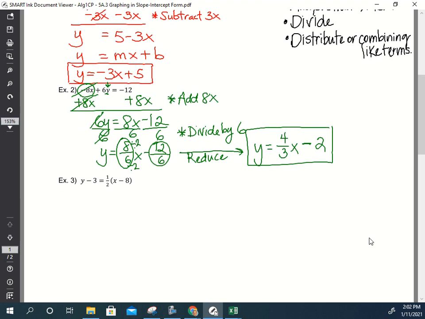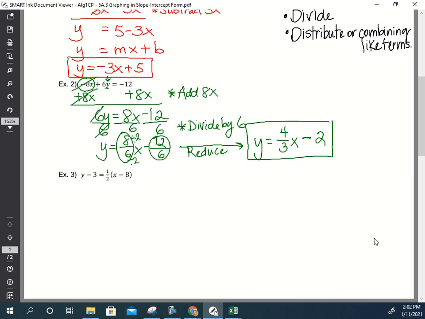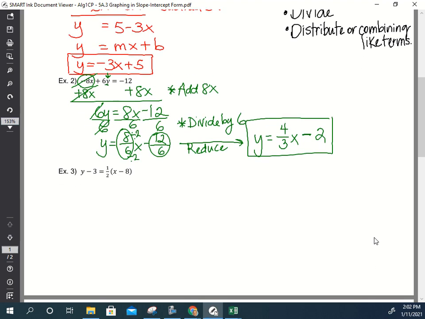So let's go to example 3. We'll do one more example, and then we go to graph. You should have examples 1 and 2 already. Then we have example 3.